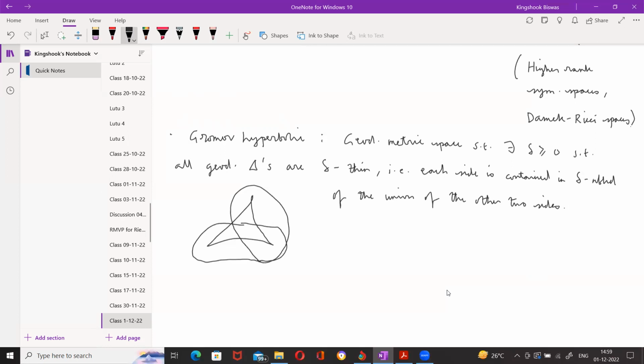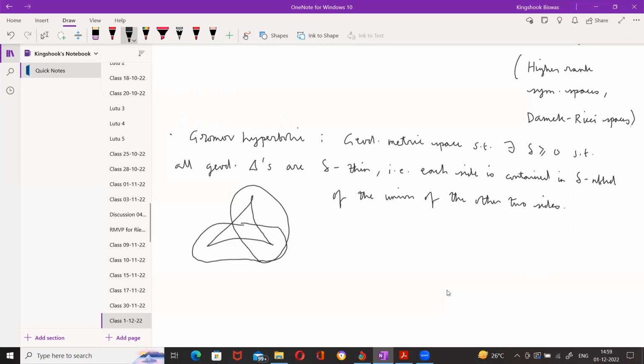This delta thin condition is trivially true. So this does not tell you anything about triangles whose diameter is small compared to delta. So you don't get any information at the very small scale.